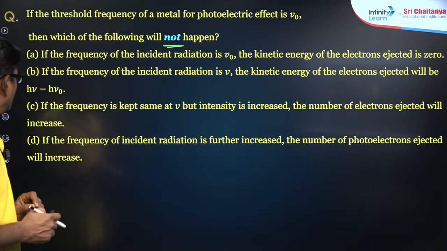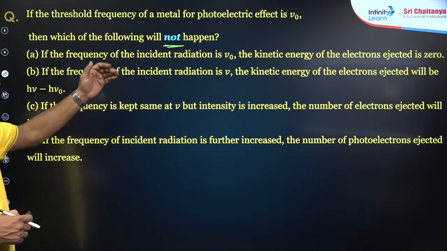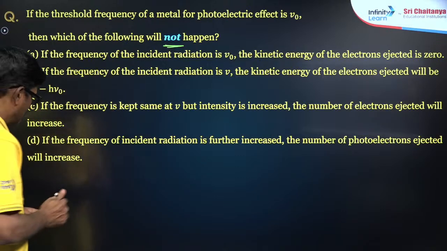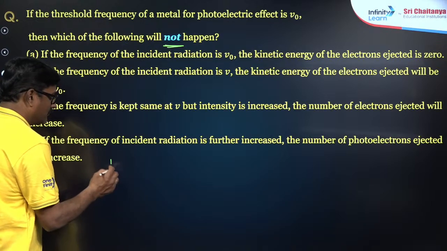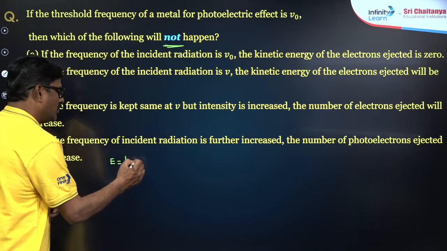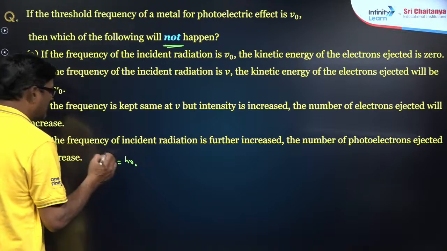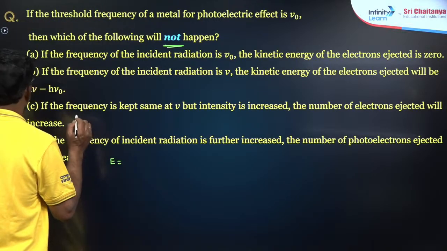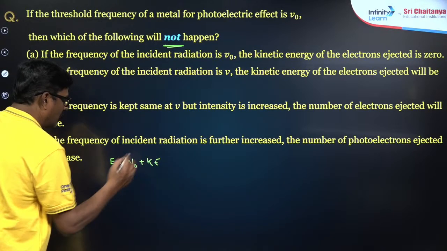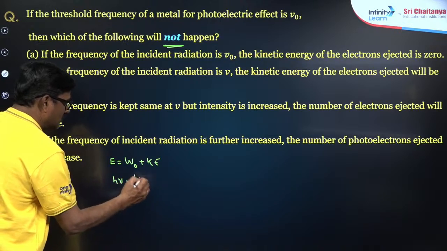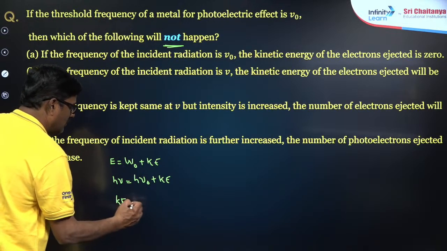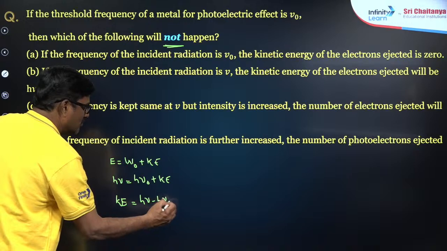Now, if the frequency of the incident light radiation is nu naught, the kinetic energy of the electrons ejected is 0. Yes, we know that. E is equal to h nu naught, W naught, you just see here. H nu is equal to h nu naught plus Ke, and Ke is equal to h nu minus h nu naught.